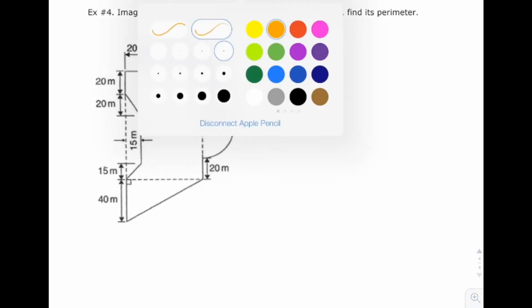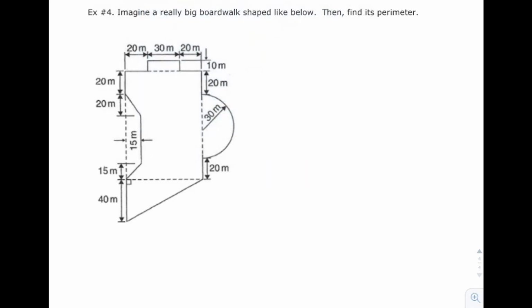What we're asked for, really, is the perimeter. And that just means walk around the outside and get the distance. So I'm going to start here, and I'm going to keep going. There's 20. This would have, right there, the dimension is 10. So add 10 plus.